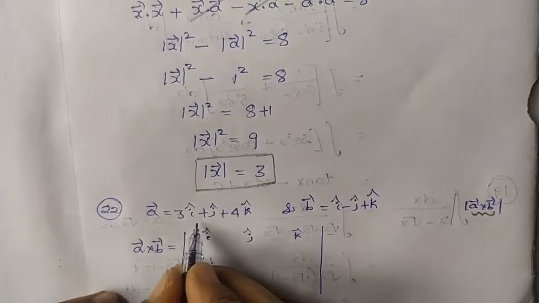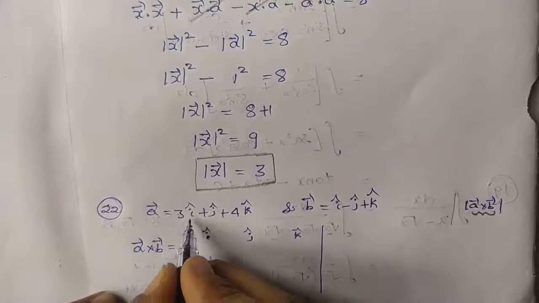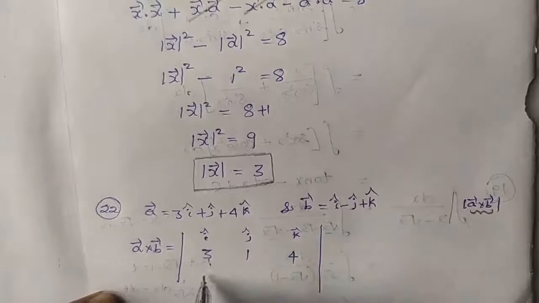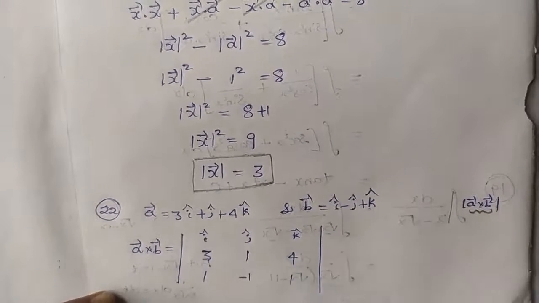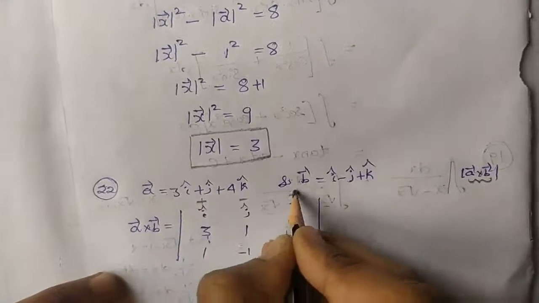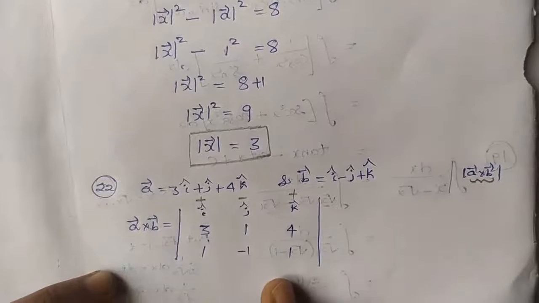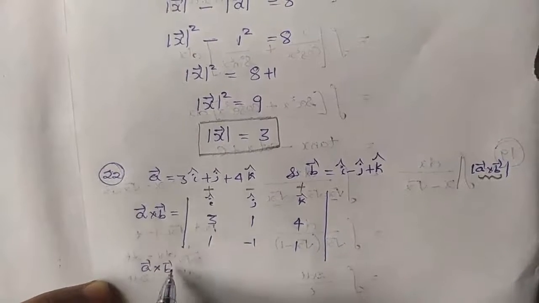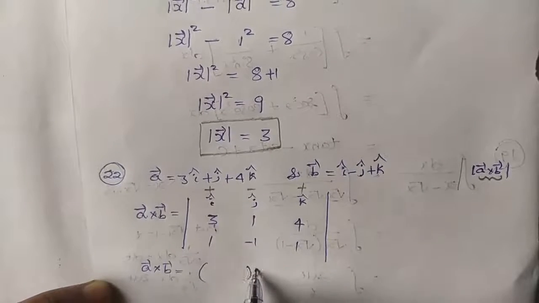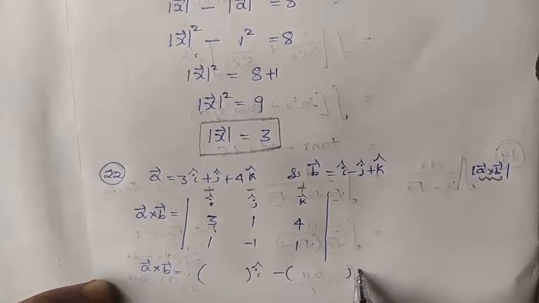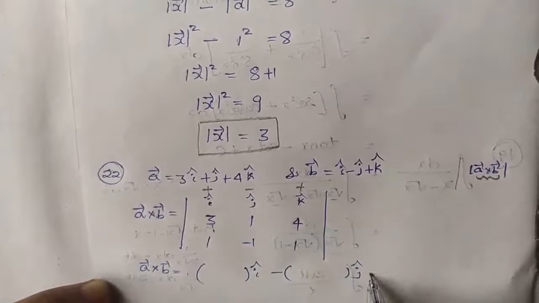Next, write the components: 3, 1, 4 and 1, minus 1, 1. Now the signs are plus, minus, plus. Applying the determinant, a cross b equals: first write i, next minus j, next plus k.